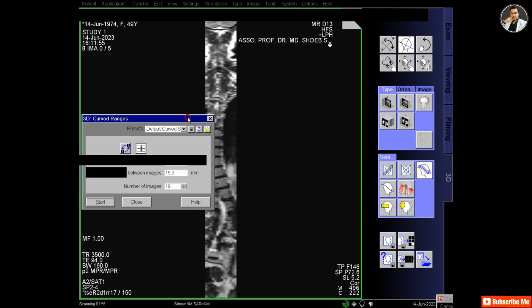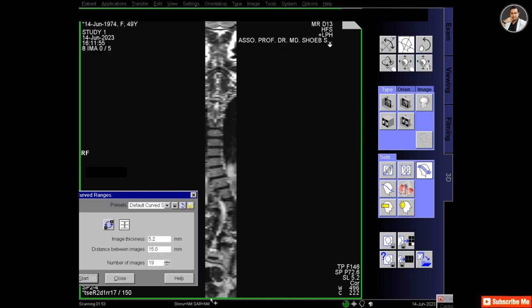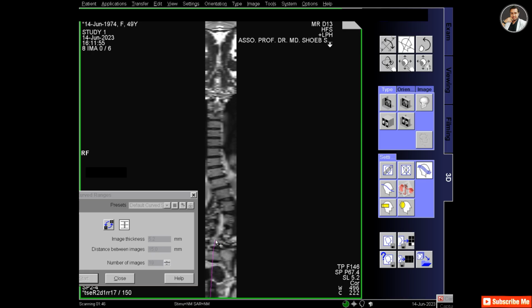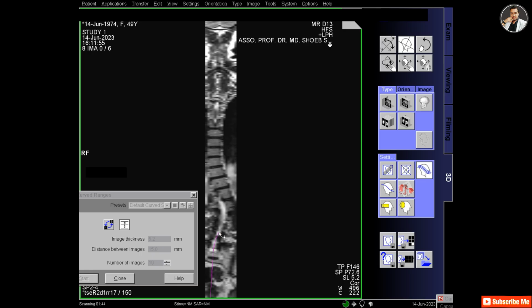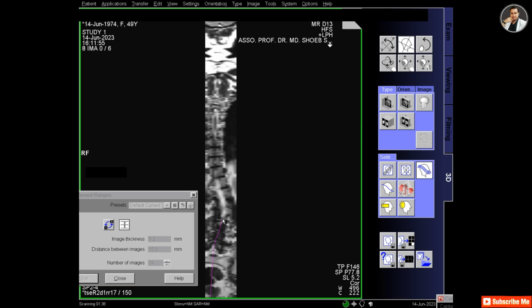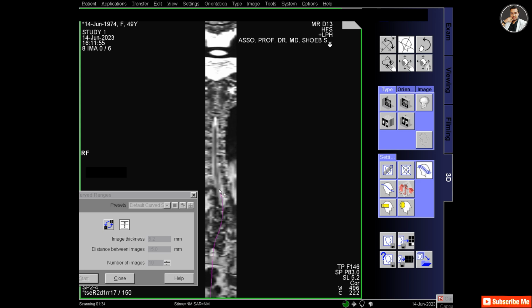For this, in the 3D tab I select the curve plan and then draw a line along the spinal cord. As the spinal cord is curved, I have to draw it curved. I have to track the spinal cord so that I can show the mid sagittal spinal cord image.